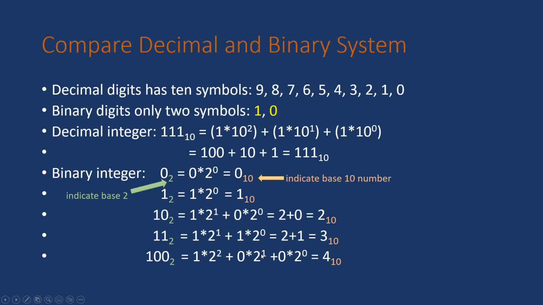So 2 to the power 1 multiplied by 0 is 0. And then the 1 is 2 to the power 2 multiplied by 1, which is 4. So 4 plus 0 plus 0 is 4. So 100 in binary is the decimal number 4.